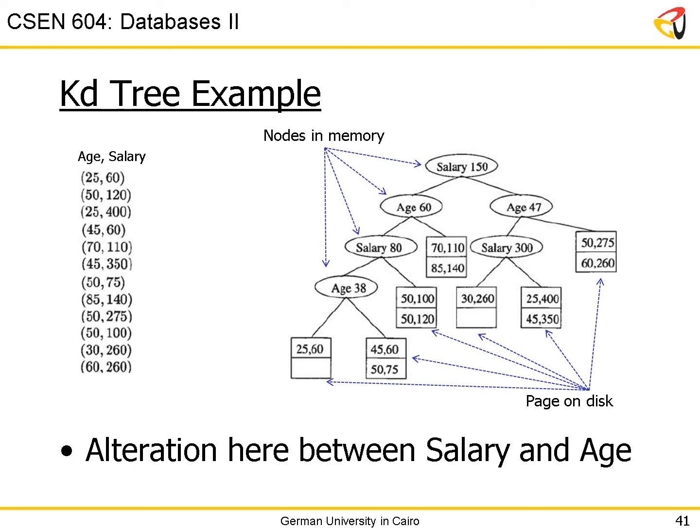If I go left from the root, so that is salary 150, left means less than 150. And if I go left of age 60, the age is less than 60. So now I'm standing at age less than 60 and salary less than 150. So we are applying the binary search tree invariant, but we're applying it one level at a time.